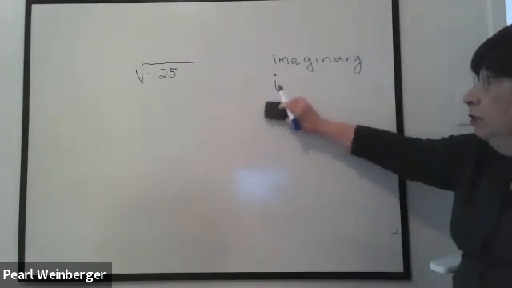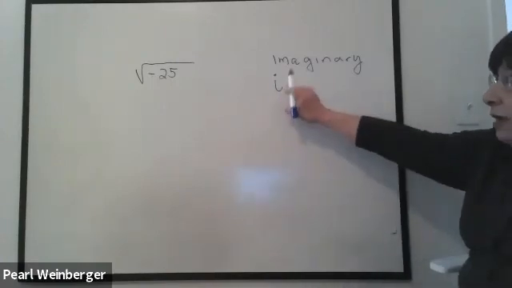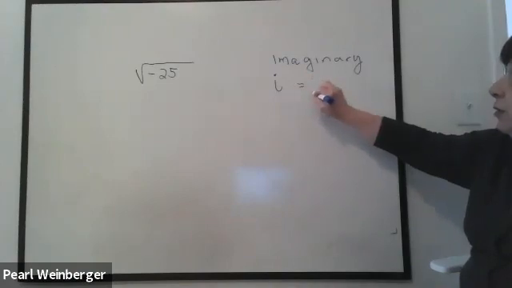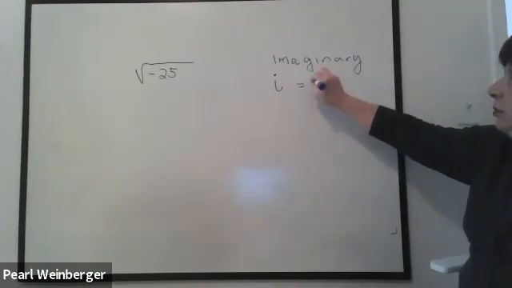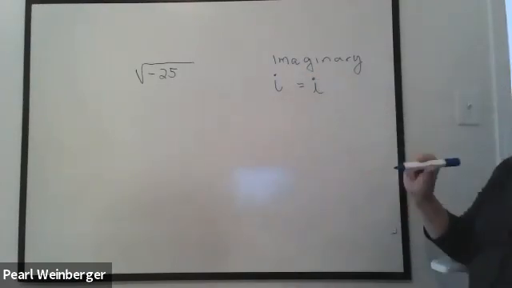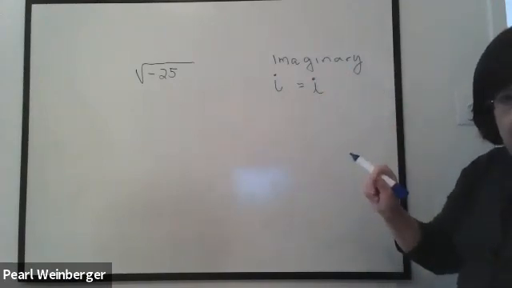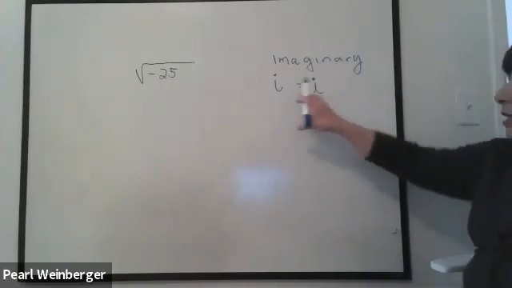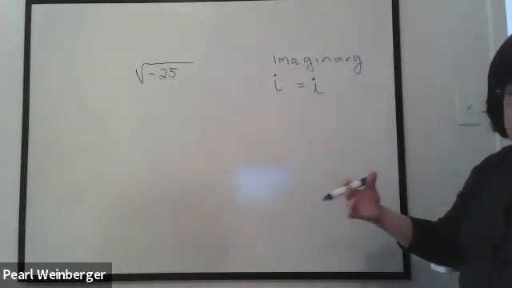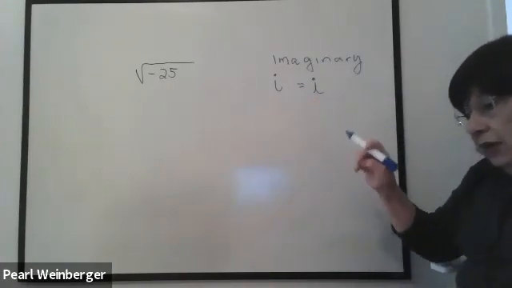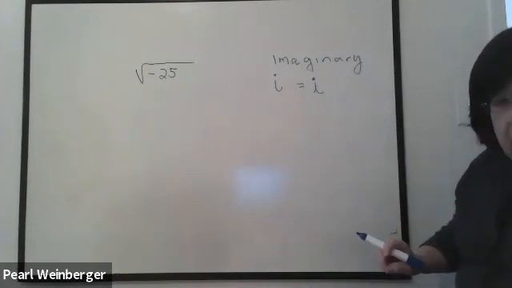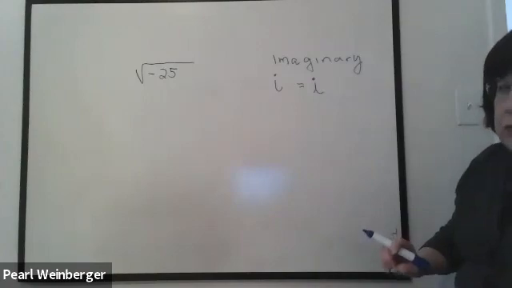So I will always write the i with a little hook, or sometimes I'll write it as a script i, so you can distinguish. When you see it typed, it's written in italics, just to make sure that you don't think it's a 1.